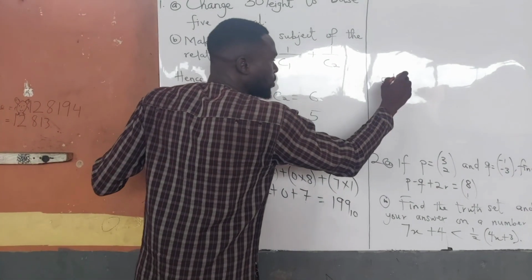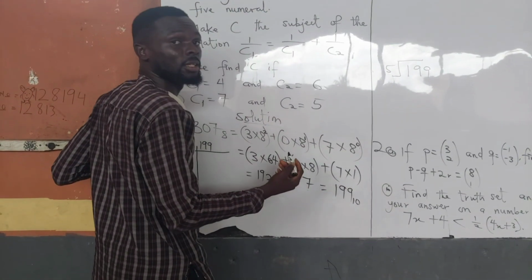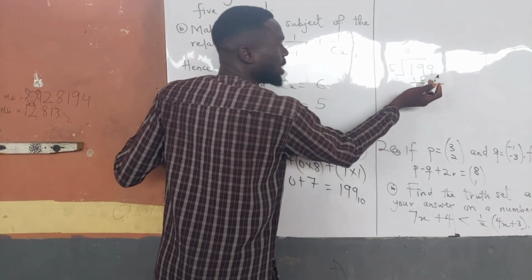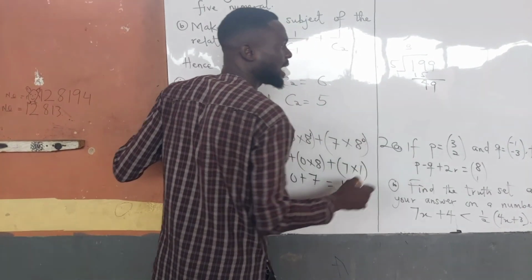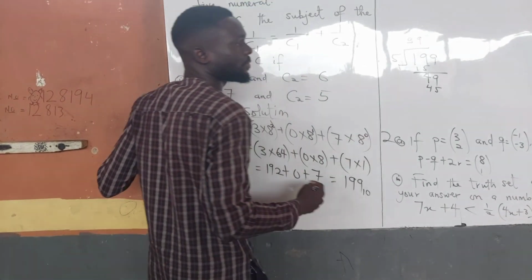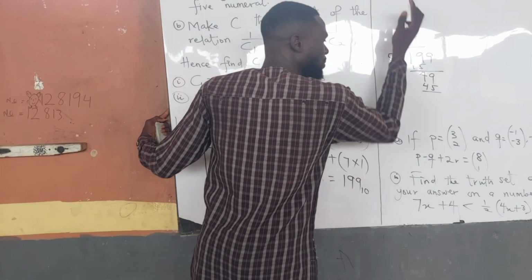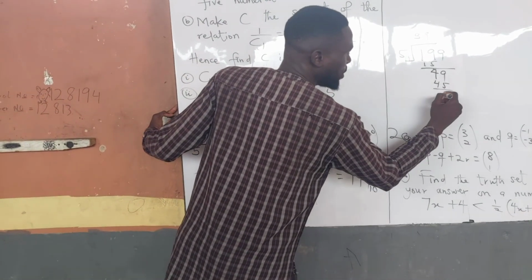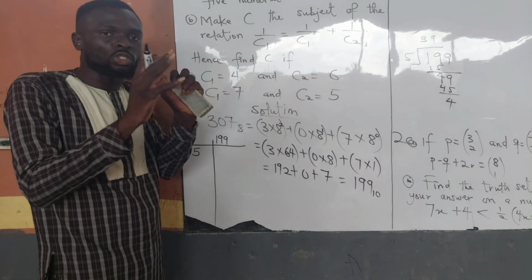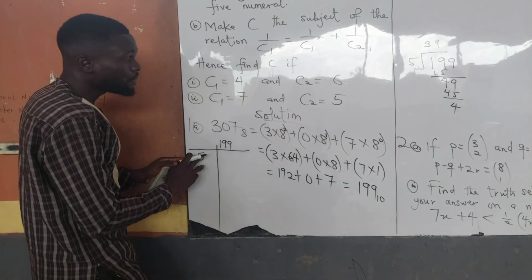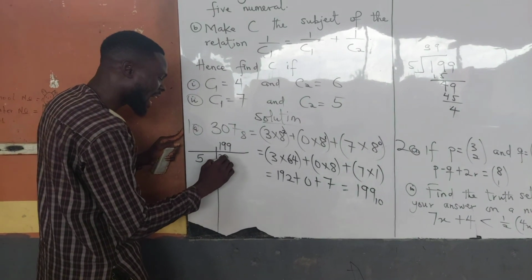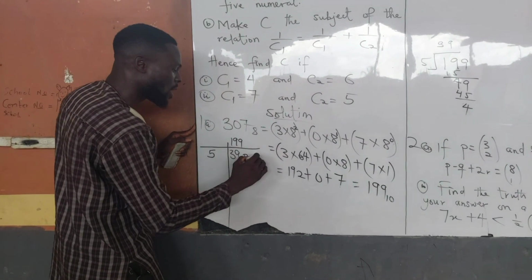The 5 will be out while the 199 will be in. Dividing this, 5 times 3 is 15. Subtracting, you have 4. Dropping the 9 gives you 49. Now 5 times 9 is 45. If you subtract, you have 4. Now with number bases, we are always interested in the remainder. So here, 5 will go into 199 39 times, and there will be a remainder of 4.